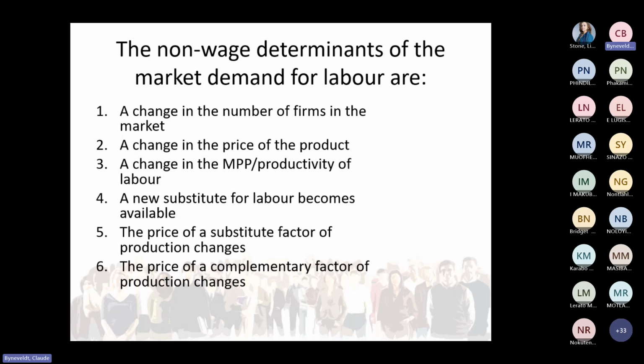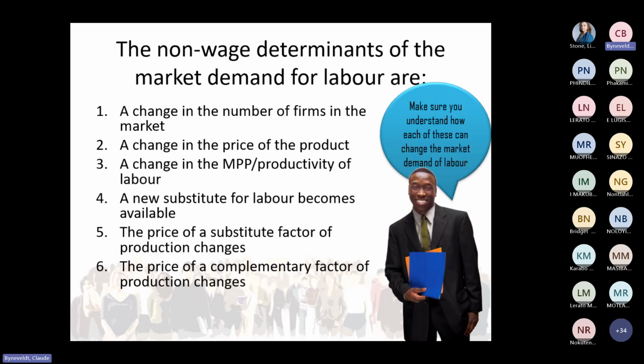We talk about interest rates. You can go through all of this also on the portal. This can cause a shift in the curve, so make sure you understand how each of these can change the market demand for labor.